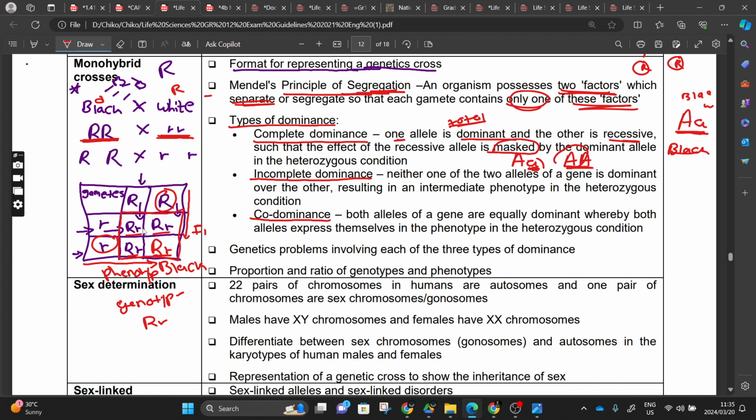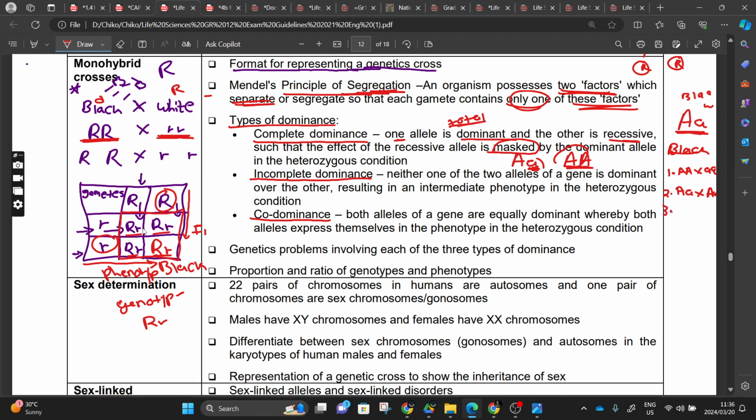From complete dominance, we are going to have four types of crosses. Number one, a homozygous dominant AA multiplied with a homozygous recessive, small a small a. Number two, a heterozygous crossed with a heterozygous.